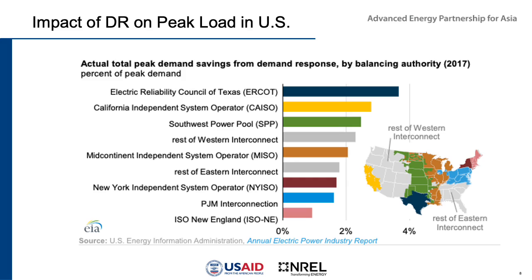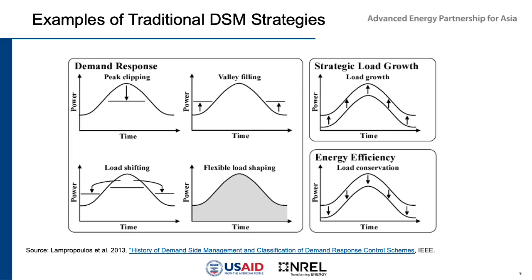Okay, here is a very traditional picture of the role that demand response can play in your power system and what different strategies are. For example, to reduce peak load, utilities will often use a term called peak clipping. And the idea here is to incentivize consumers to not use power during that peak load period.